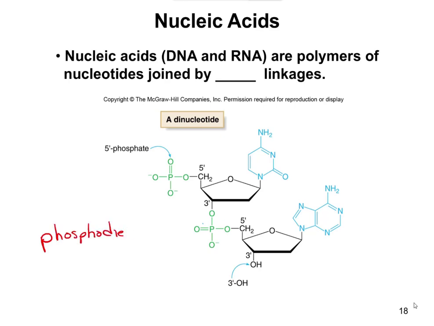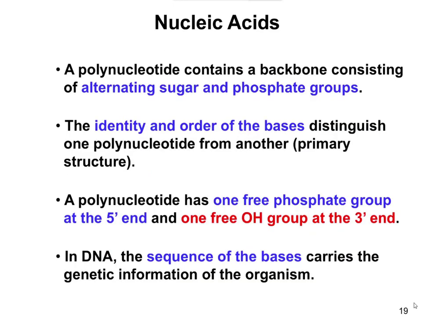So a phosphodiester linkage is the bond that holds together nucleotides, whether you're looking at DNA or RNA. It's the type of linkage that holds together two or more nucleotides. A polynucleotide, whether it's DNA or RNA, contains a backbone of alternating sugar and phosphate groups.